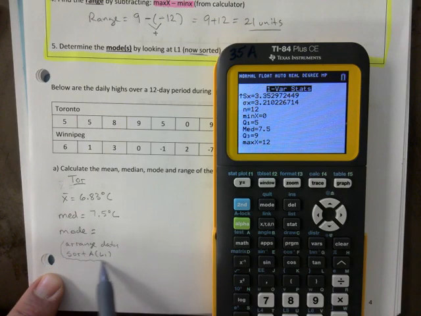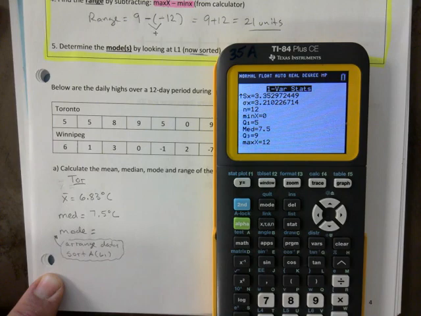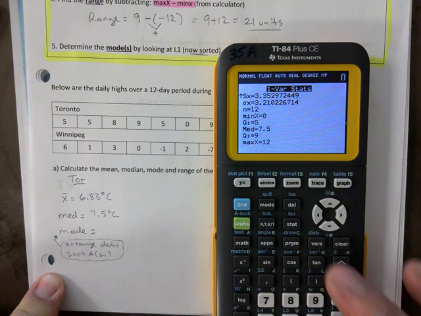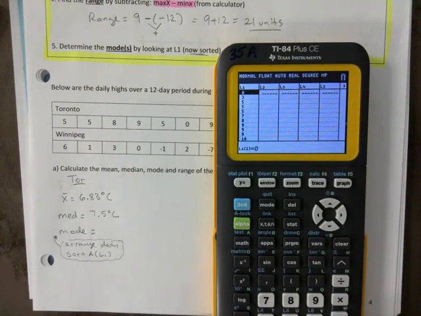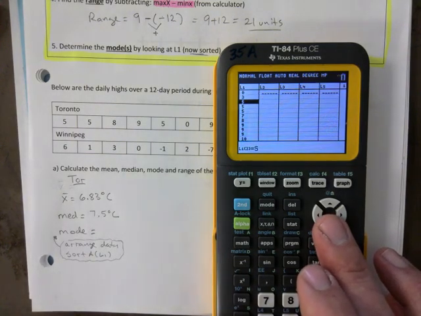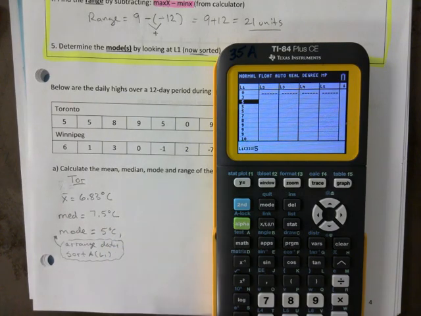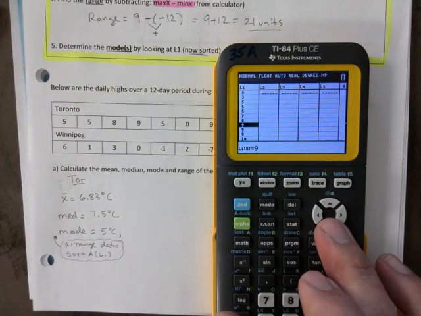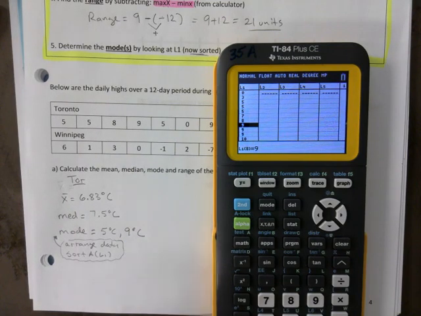I'm just going to put this in a little bubble for mode. So we're going to go to stat, edit, back to our cells. We already did this, so it's 5 degrees Celsius and 9 degrees Celsius. So in this case, we have multiple modes here.